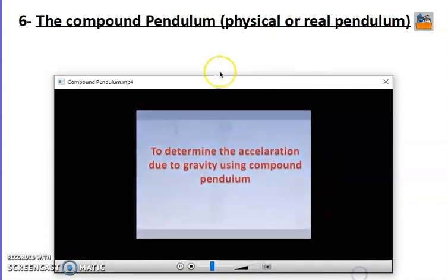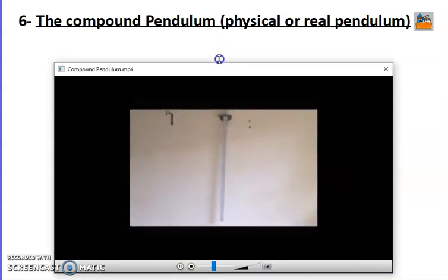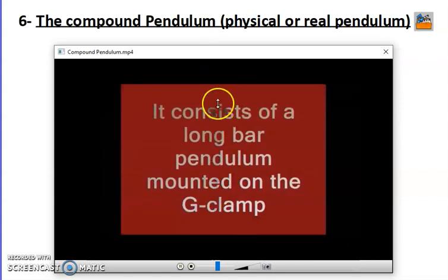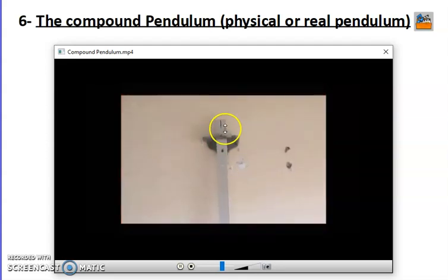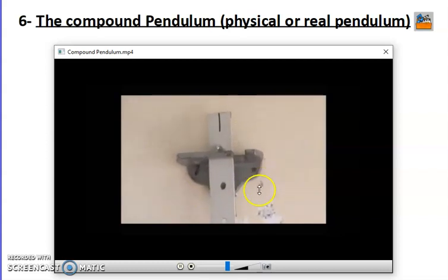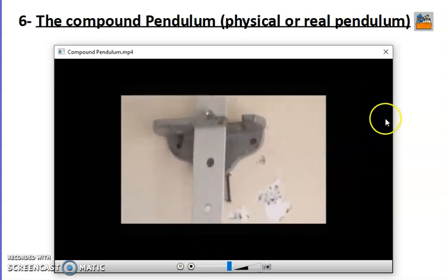Here it is. Okay. Now you see here a vertical beam or rod or bar oscillating around a horizontal axis. You see the axis here, you see only the pin of the axis, and the bar oscillates around the horizontal axis.